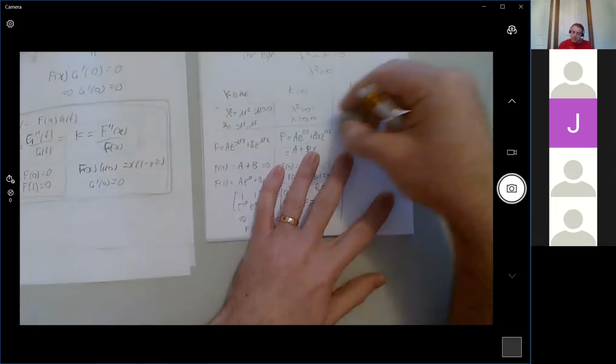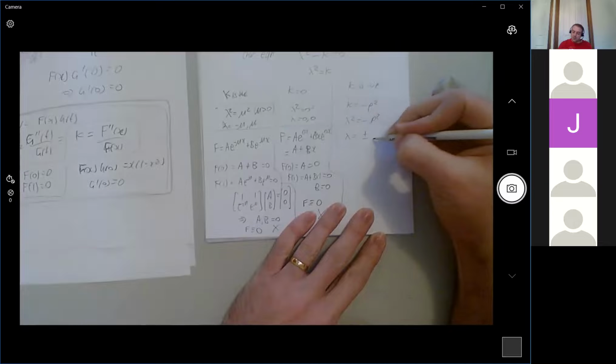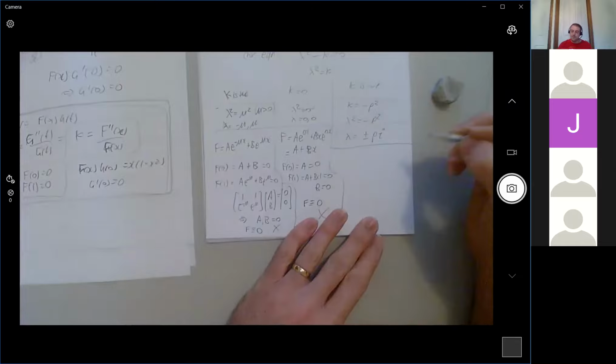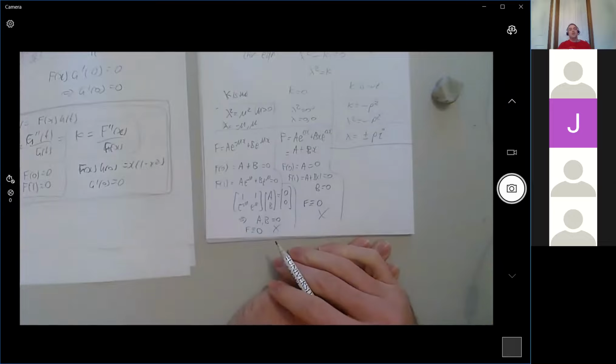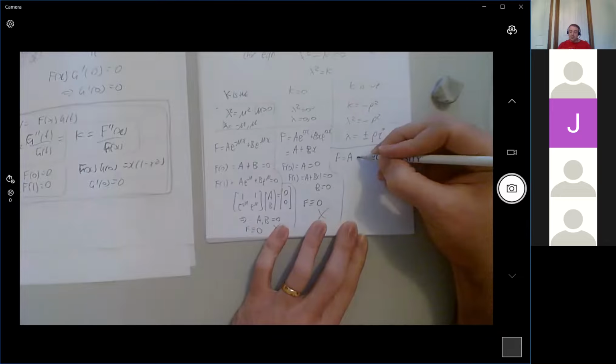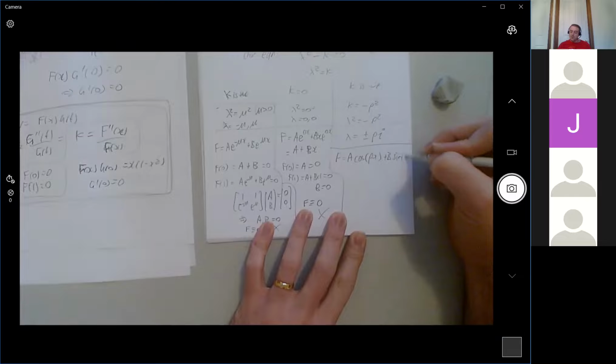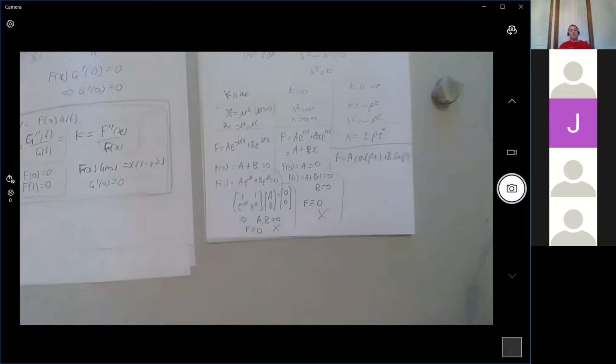So in this one, the lambda will be minus rho squared, and so you'll get plus or minus rho i. And so when you get imaginary solutions, the f comes out to something times cos rho x plus something times sine rho x. And now we're supposed to figure out what happens.